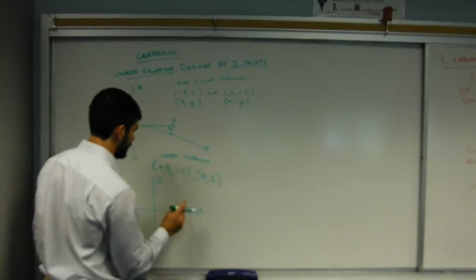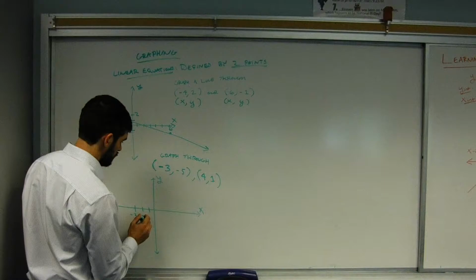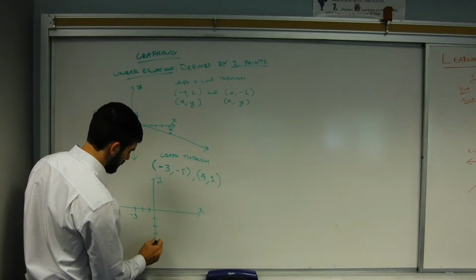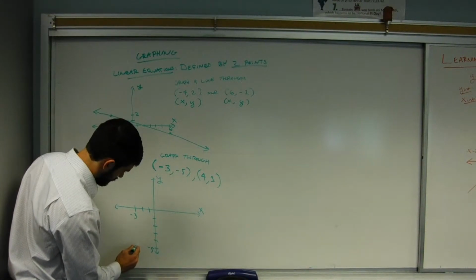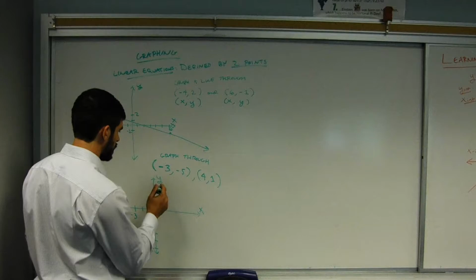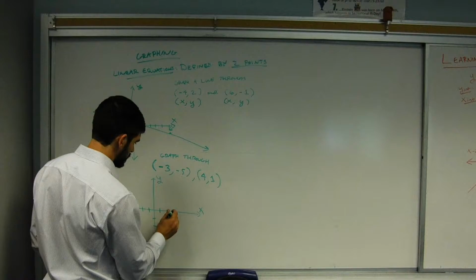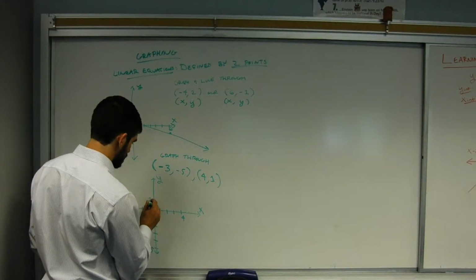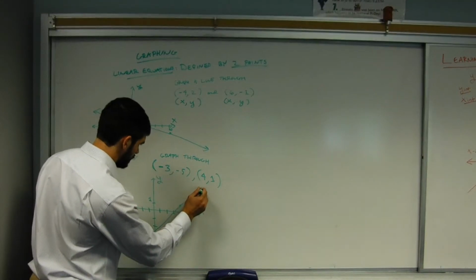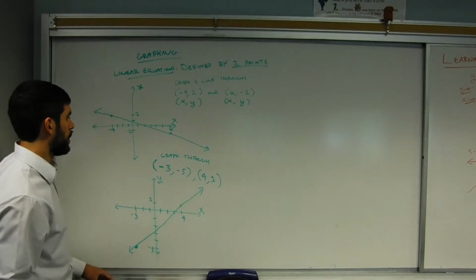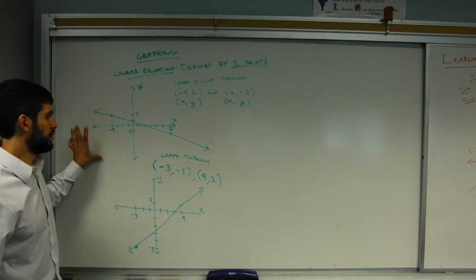So plotting this point, go left 3, down 5. 1, 2, 3, 4, 5. We got our first point. And for our next point, we're going to go right 4, 1, 2, 3, 4, just up 1. We would again just connect the dots with a straight line. So those are two examples of graphing a line through 2 points.